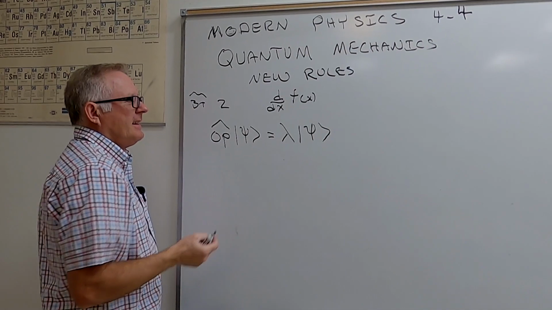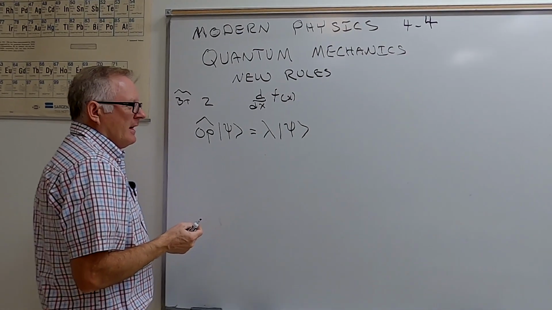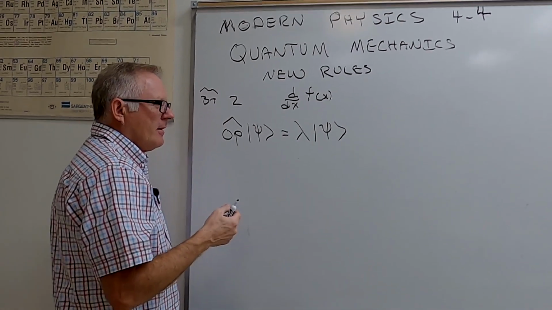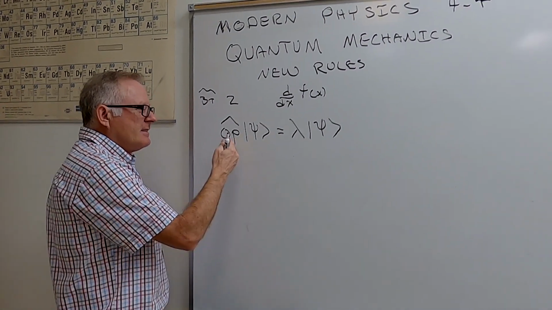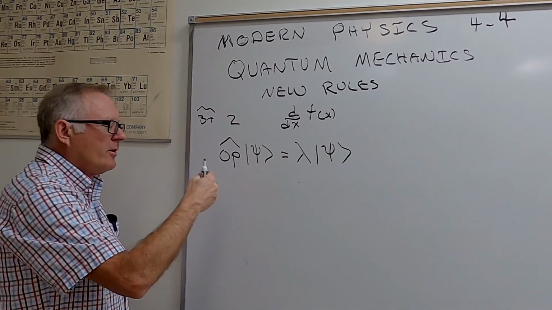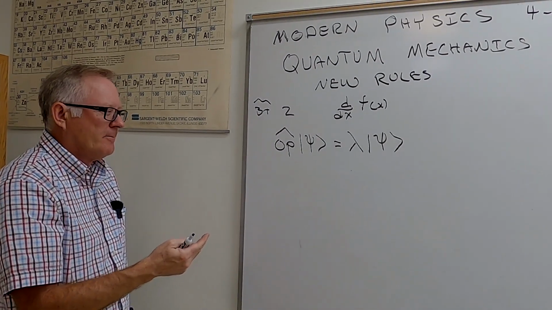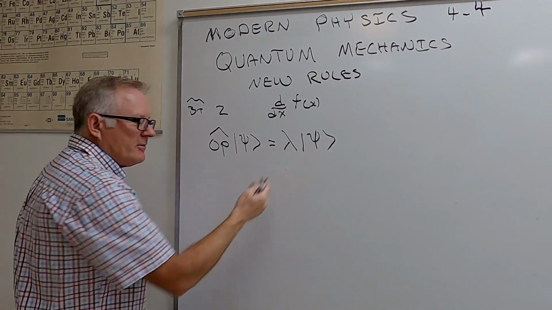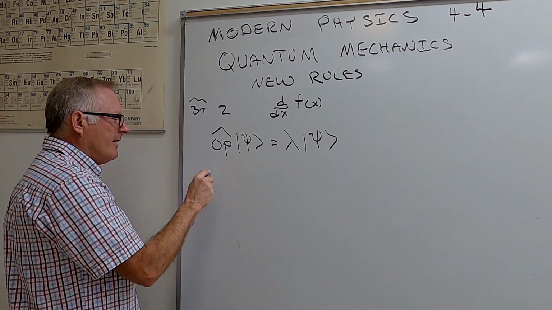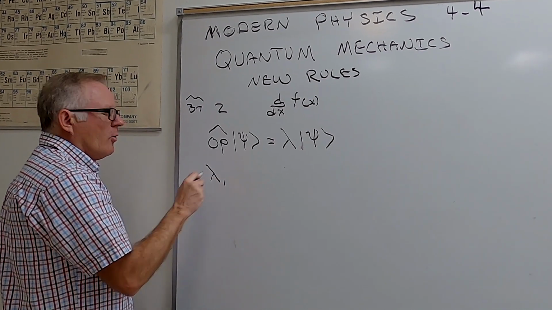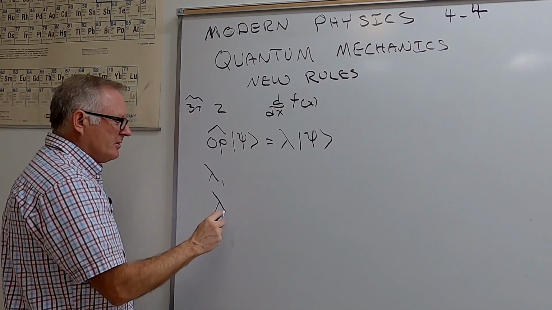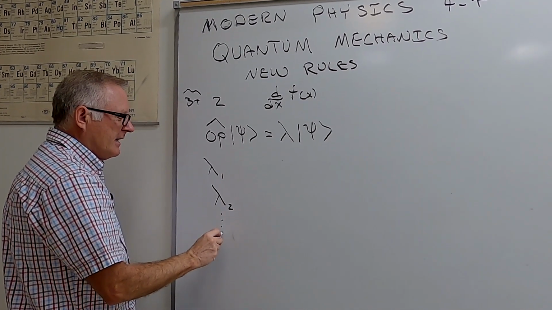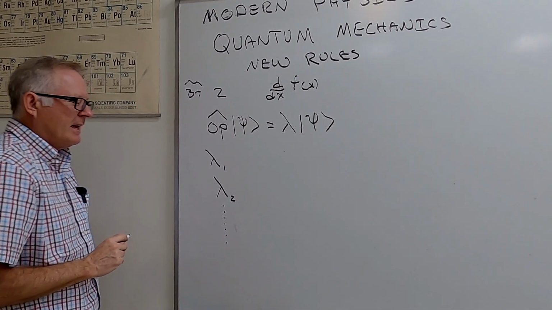When you calculate this lambda, you're going to get the same number of lambdas as the dimension of the space. Since all of our vectors so far have only been 2-dimensional, we would only get 2 values of lambda. If it was more than 2 dimensions you could get more. Lambda 1, lambda 2.